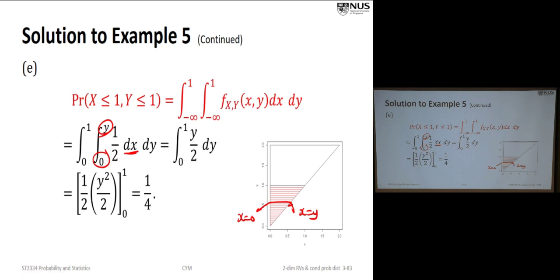So after I complete the integration, then everything is squeezed onto this line. So now the part with the density that we're interested in is from this point, y equal to 0, up to this point, y equal to 1. So it's integrated from 0 to 1. All right. So we integrate. So the answer is 1/4.